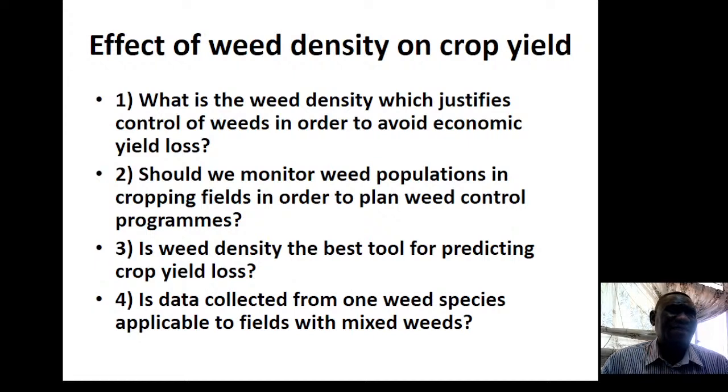I think we should do this. Is weed density the best tool for predicting crop yield loss? We can use relative leaf area, we can use relative cover. Is data collected from one weed species applicable to fields with mixed weeds? That is another problem.